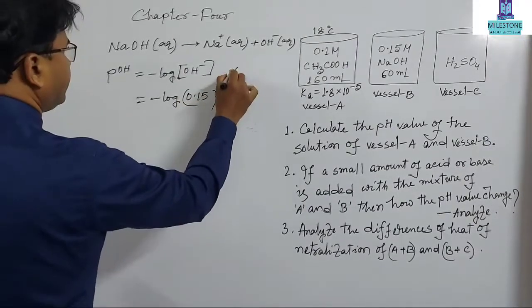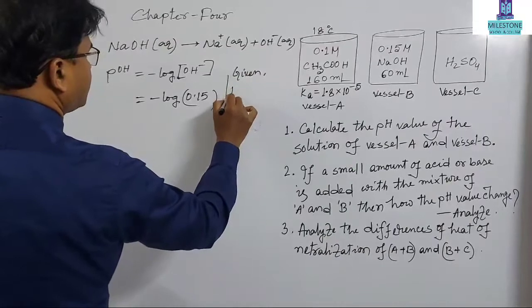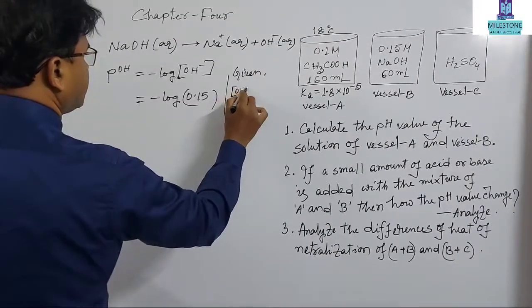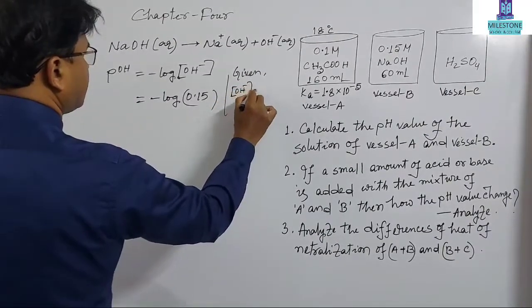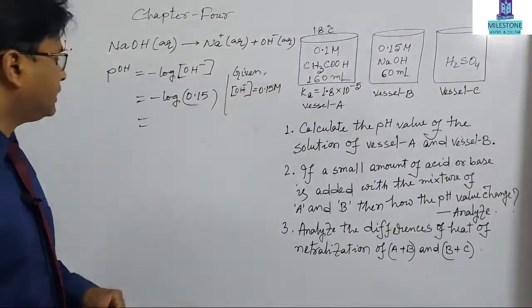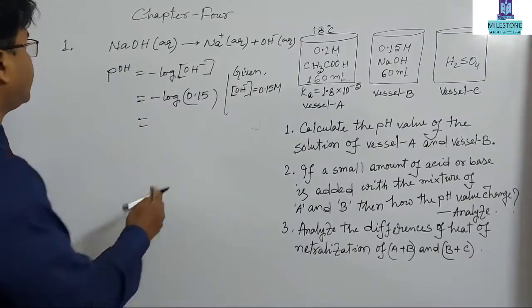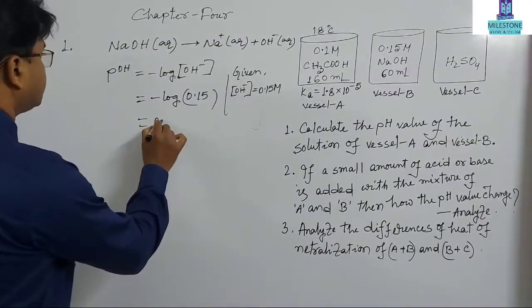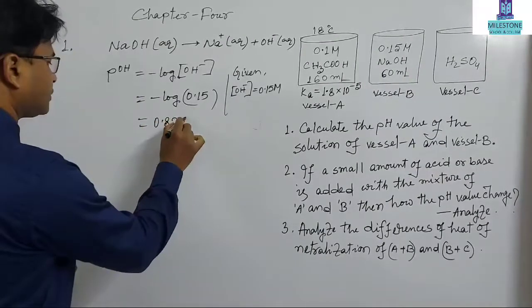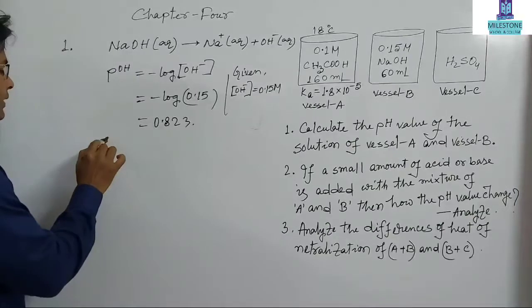It is given that the molar concentration of hydroxide ion is equal to 0.15 molar. So the pOH is equal to 0.823.